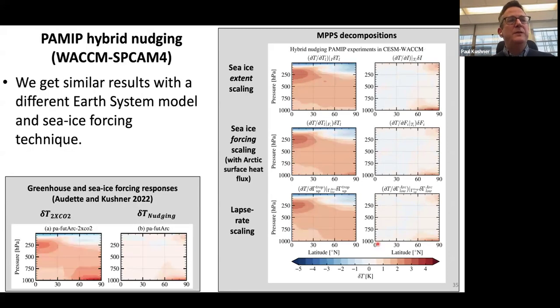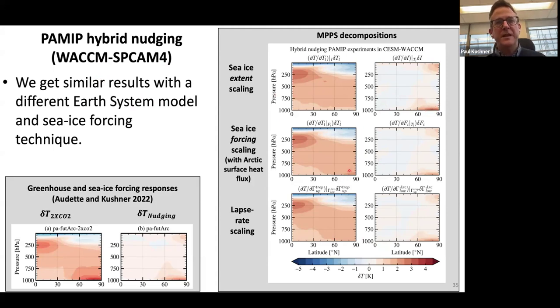So that's one example. And then we looked at some other simulations. This is for a very different type of forcing regime, and it's actually a different model. It's the older version of WACCM, or CAM with a high top. Point is that we're getting basically a similar picture: sea ice extent scaling attributes all the Arctic warming to sea ice change.